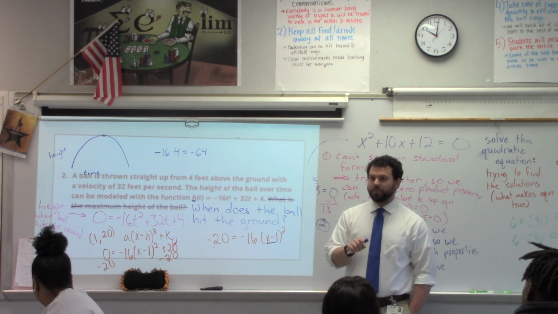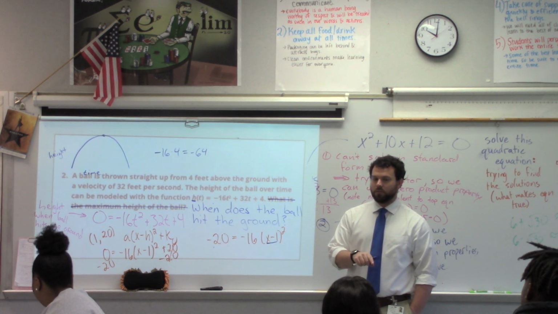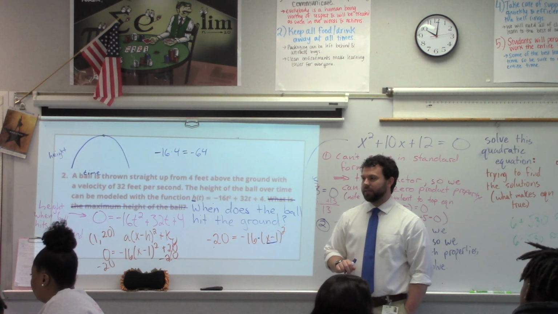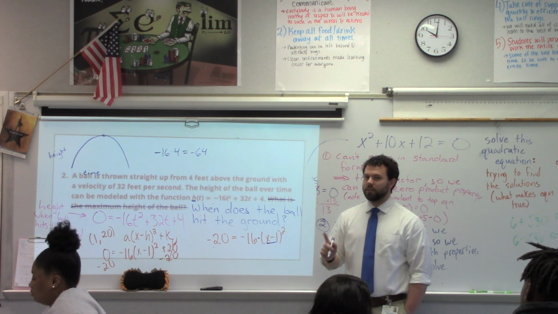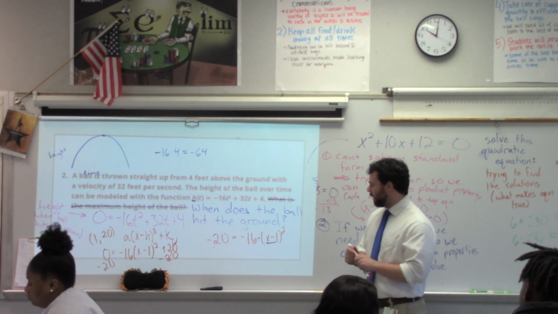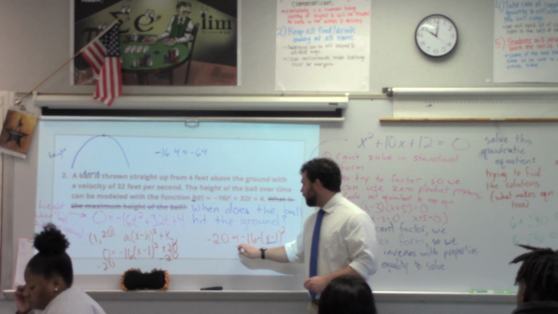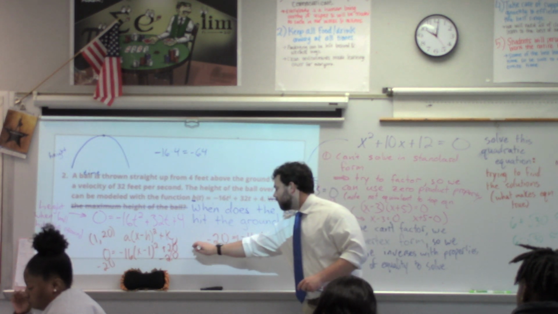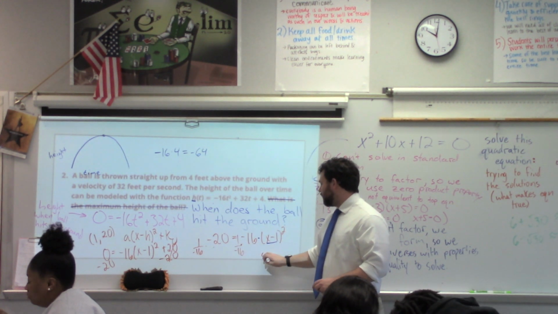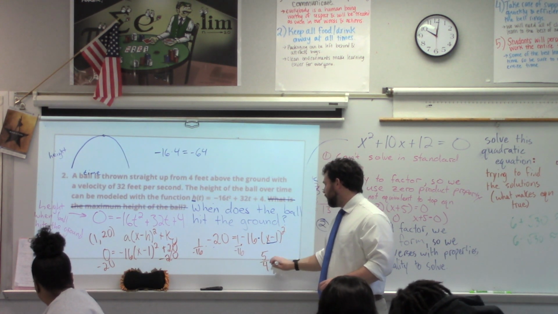What's happening after the square? Being multiplied by negative 16. So we need to divide or use the reciprocal. Pay attention to the order of operations there. I'm going to use the 1 divided by negative 16, that reciprocal. And when I use a calculator to simplify it, I get 5/4.